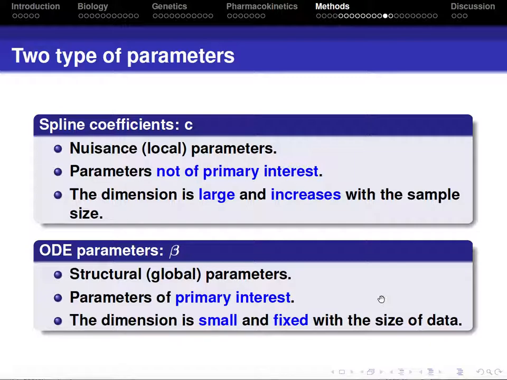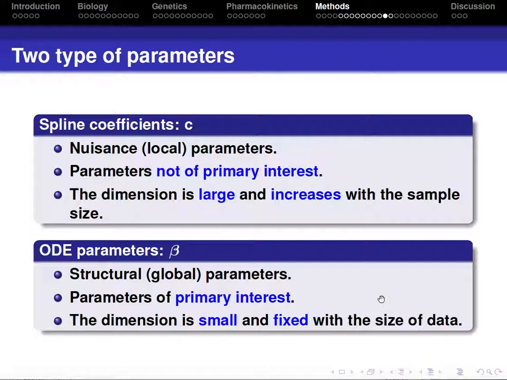Also, the dimension of these spline coefficients is large and increases with the sample size. In smoothing splines, the rule of thumb is that we put one knot at each location with measurement, right?